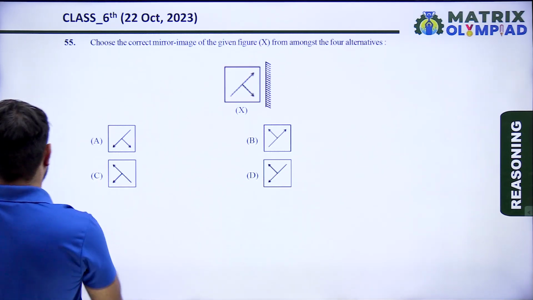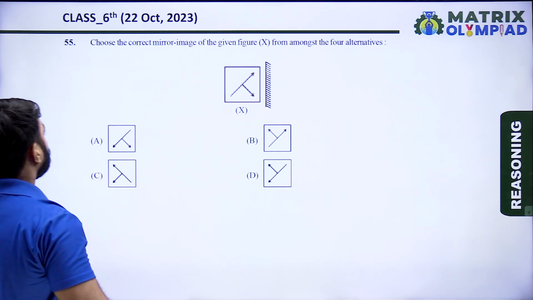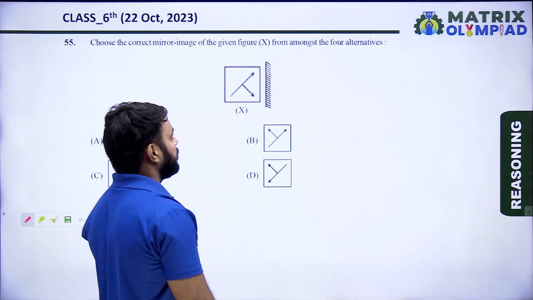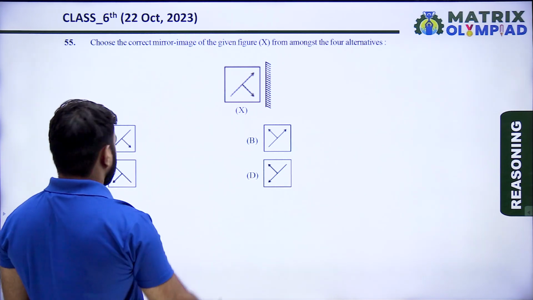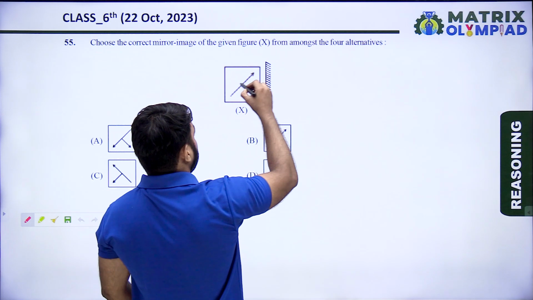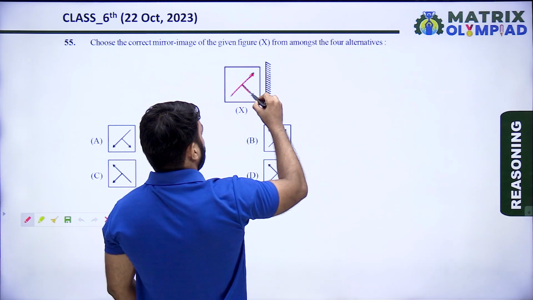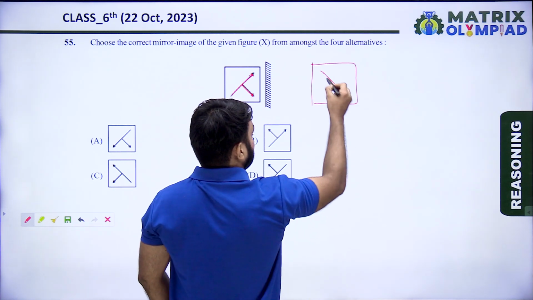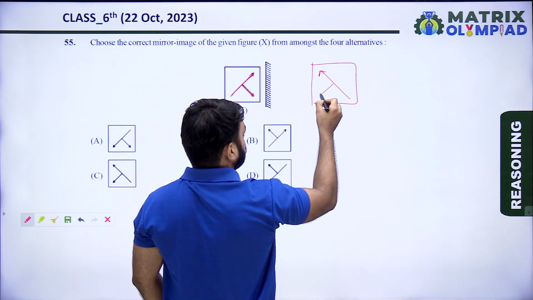So, next question is question number 55. Choose the correct mirror image of the given figure X from amongst the four alternatives. So, find the mirror image of the given question. Draw the mirror image of the given question, it looks like as follows.